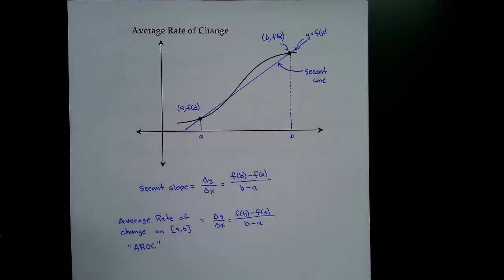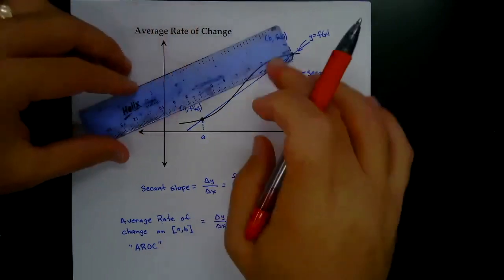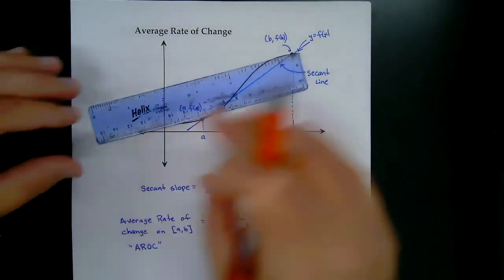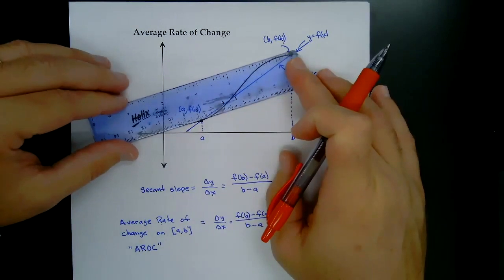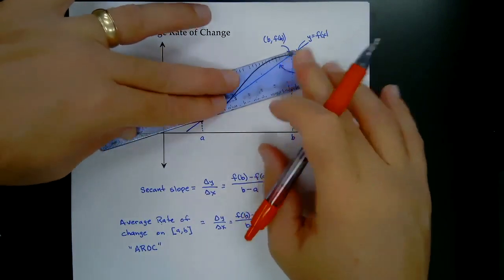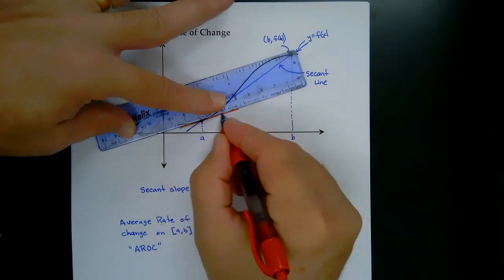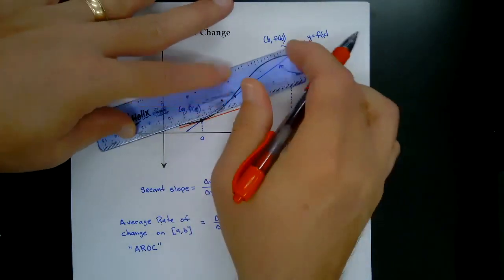I'm going to draw another line that just barely touches it, right about here. If I brought this point in, this would be right here. This would be an example of a tangent line.